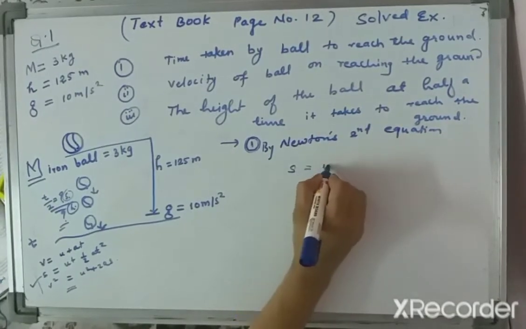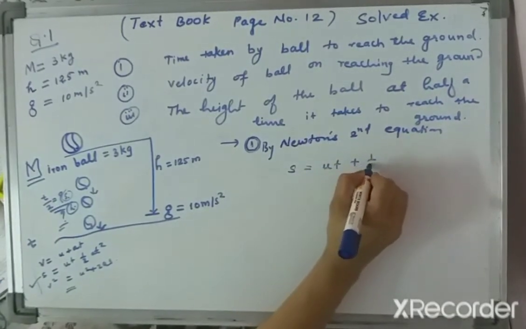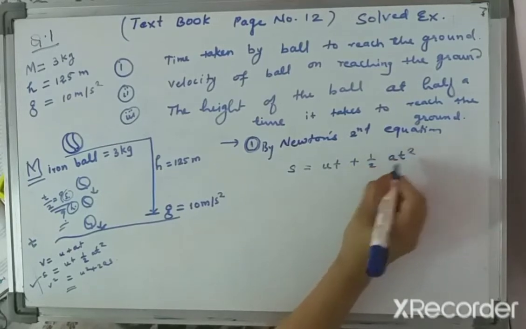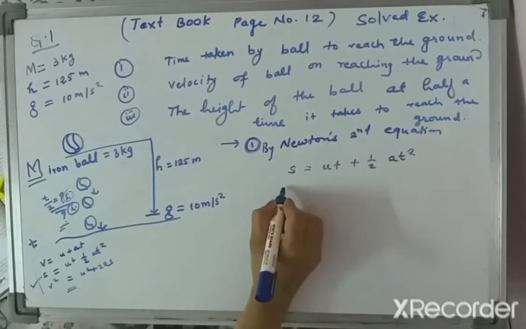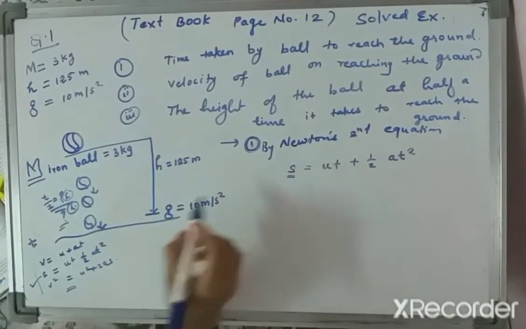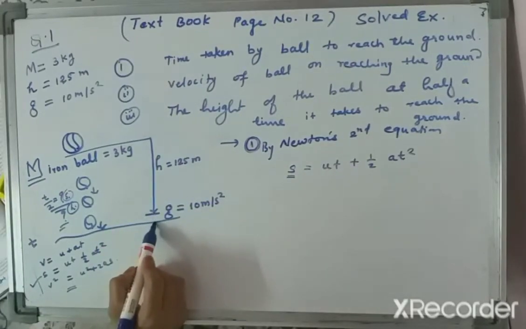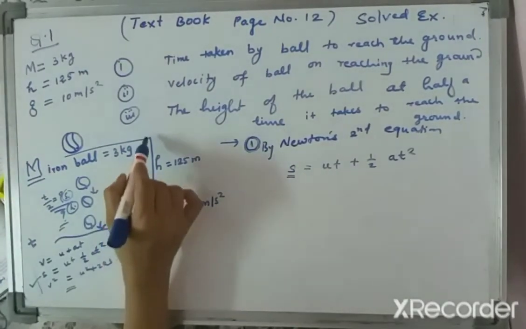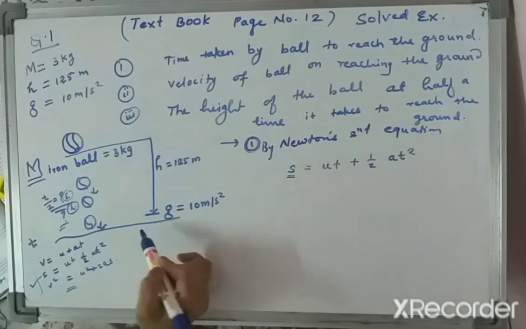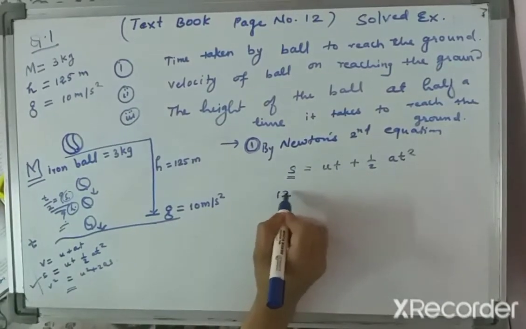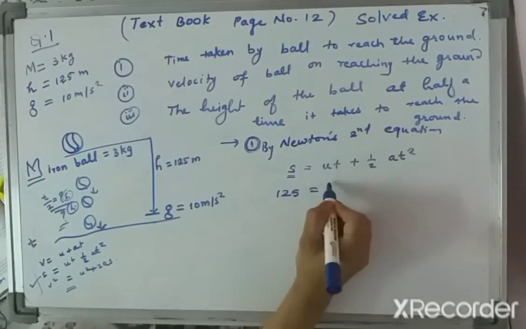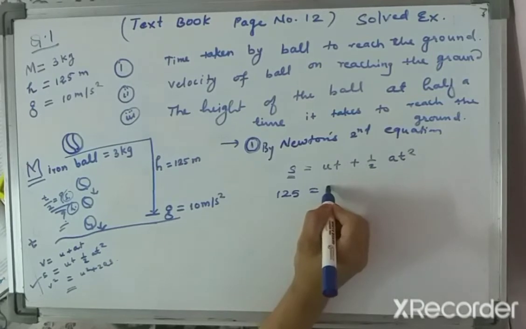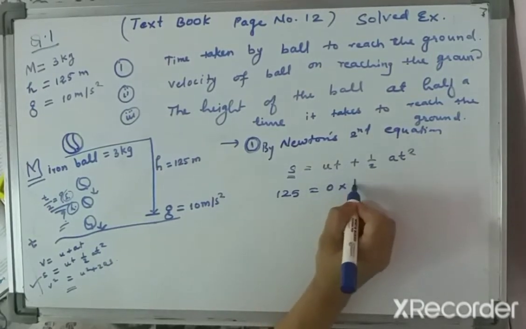What is Newton's second equation? s is equal to ut plus 1 upon 2 at square. Let us substitute the values. Here s means distance. At how much distance is the ball? At 125 meters. So s is equal to 125. Initial velocity is 0. Time we do not know.